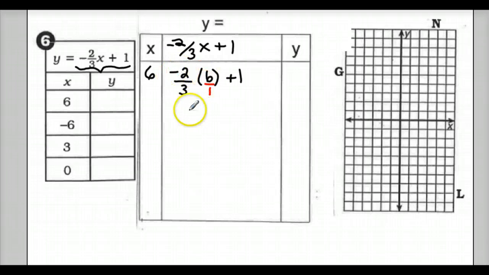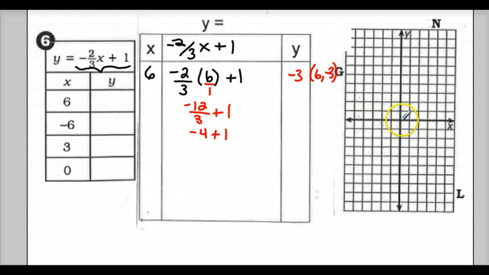So negative 2 times 6 is negative 12. 3 times 1 is 3, plus 1. Negative 12 divided by 3 is negative 4, plus 1 is negative 3. So our ordered pair is (6, -3). So I'm going to write that here, (6, -3).